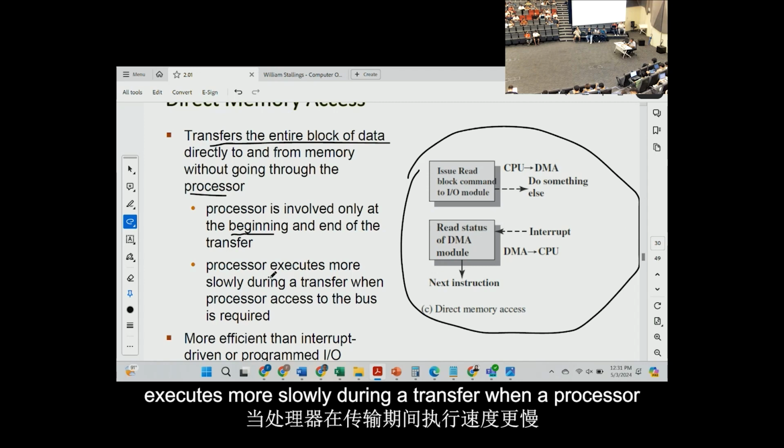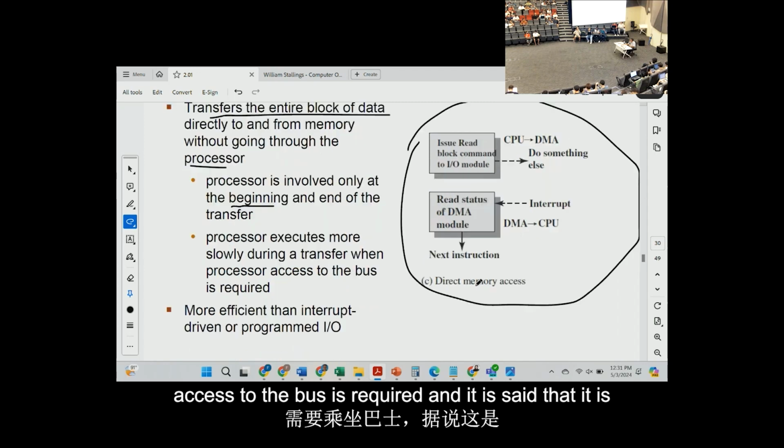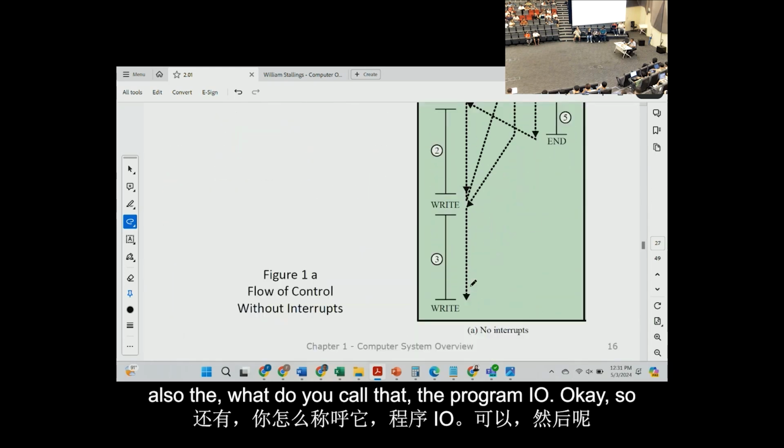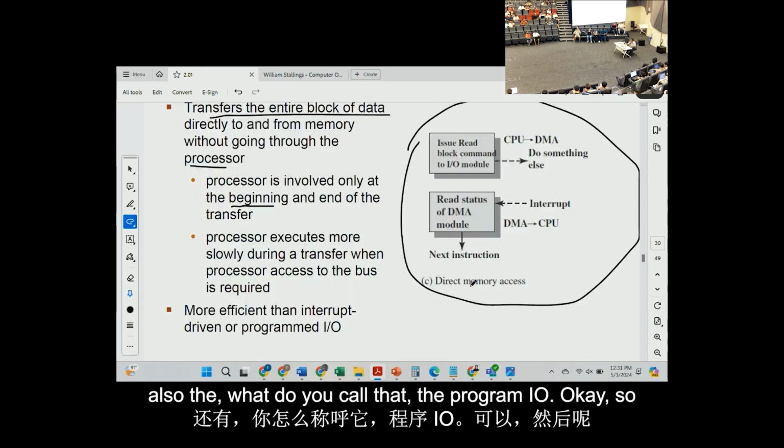The processor executes more slowly during a transfer when processor access to the bus is required, and it is said that DMA is much more efficient compared to the interrupt-driven and also the program I/O.